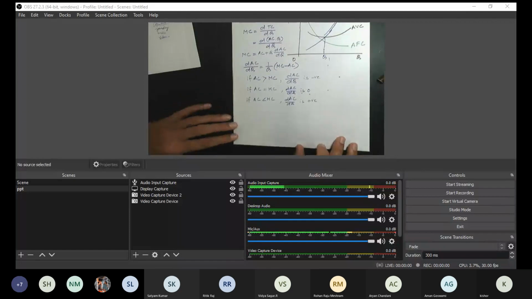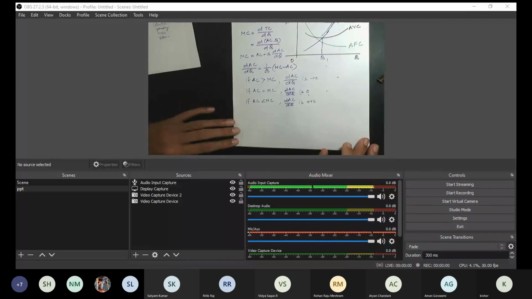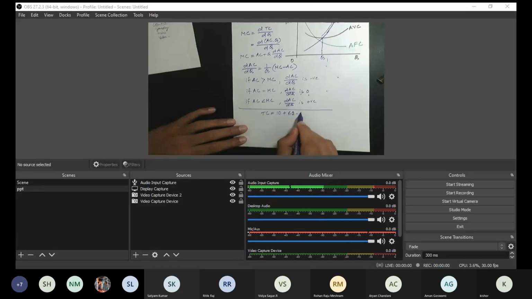Clear? Now, if I ask you to find the critical value of output, suppose your total cost is equal to 10 plus 6Q minus 0.9Q square plus 0.05Q to the power 3. That was our equation.